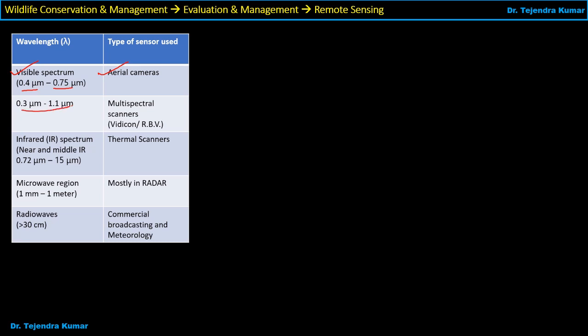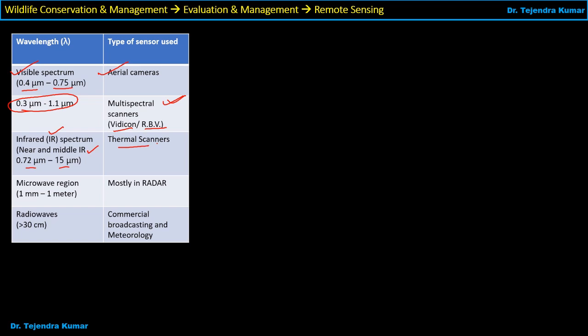For 0.3 to 1.1 micrometer, multispectral scanners are used, like the Vidicon or RPV type of sensors. The infrared IR spectrum, near and middle IR, is used for remote sensing, and its range is 0.72 micrometer to 15 micrometer, and here thermal scanners are used.